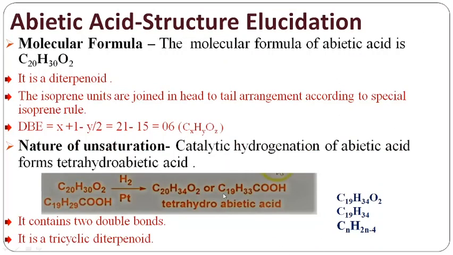As you can see, when hydrogenation is done on abietic acid, it converts into tetrahydroabietic acid. On the basis of this reaction, the saturated hydrocarbon is C19H34, which corresponds to the general formula CnH2n-4, and the class it belongs to is the tricyclic. This means that abietic acid is a tricyclic diterpenoid.